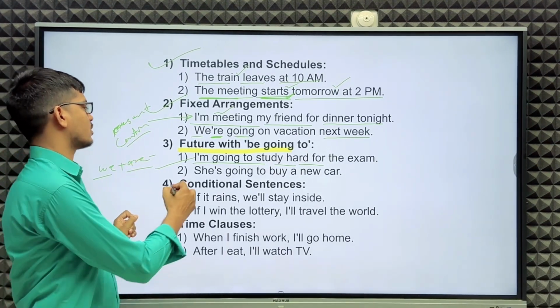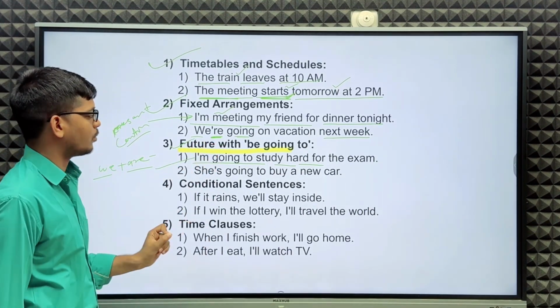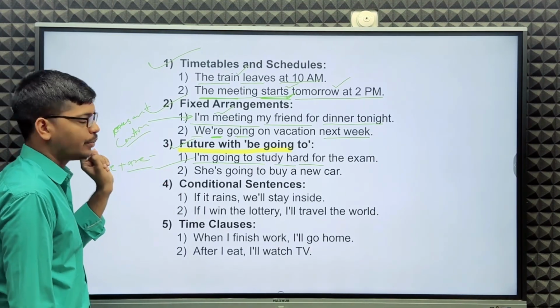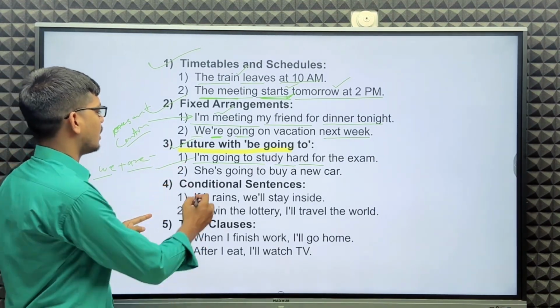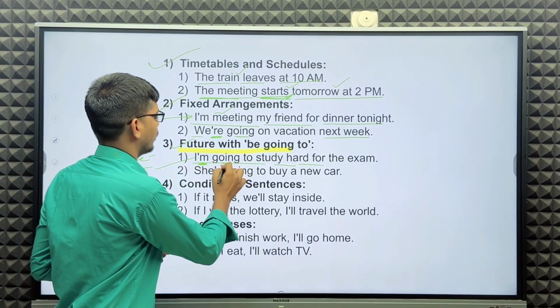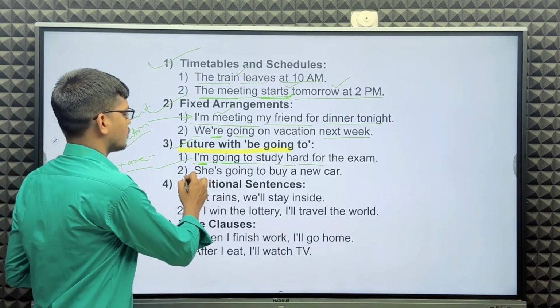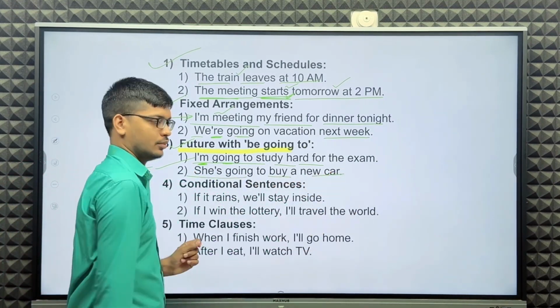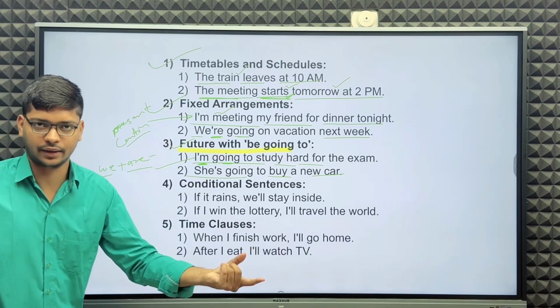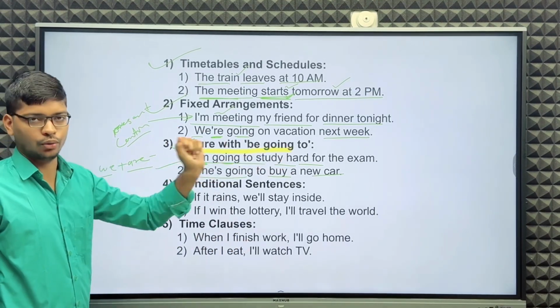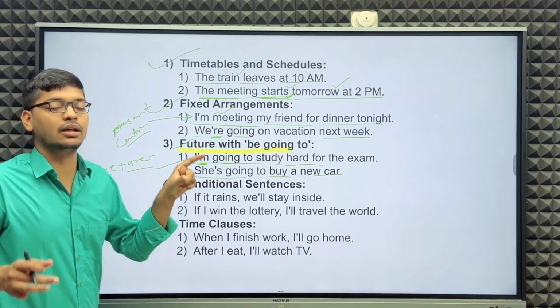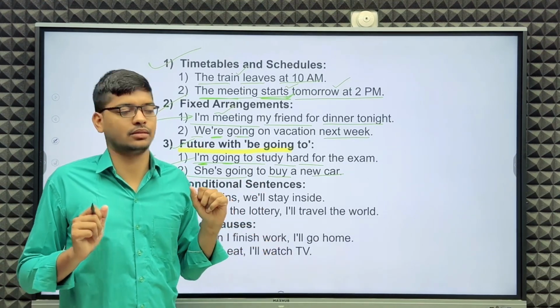Okay, this is a future situation, but we can use present tense. Present tense, I am going. Okay, she is going to buy a new car. So this is future planning. Be plus going to. Okay, this is in present tense.